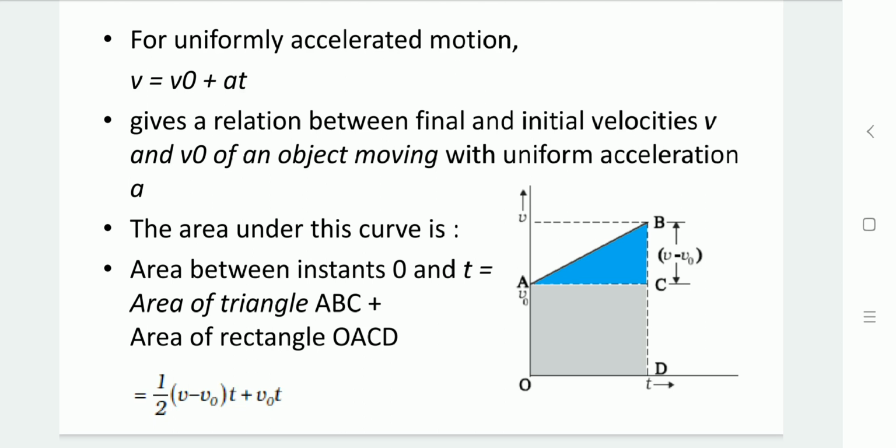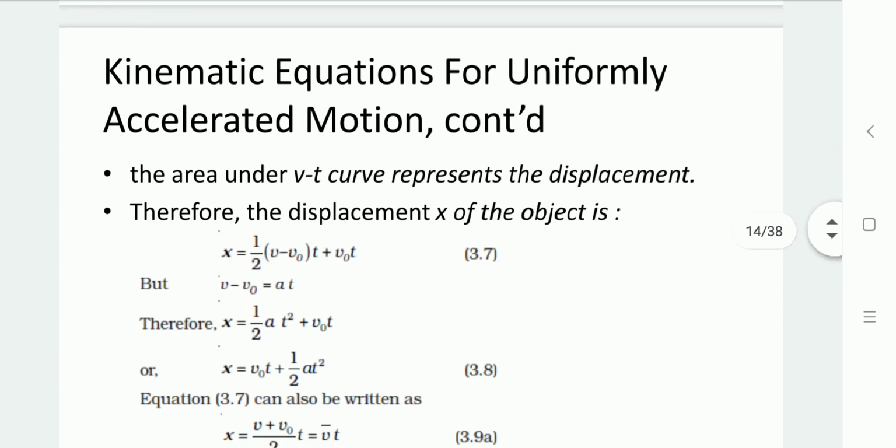So the final equation, the area under the curve, is 1/2 (v minus v0) into t plus v0 into t. Here the area under this curve represents the displacement, that is x. So x equals 1/2 (v minus v0) t plus v0 t.